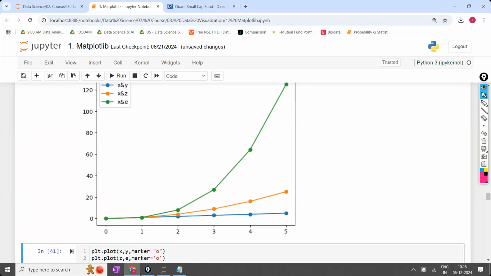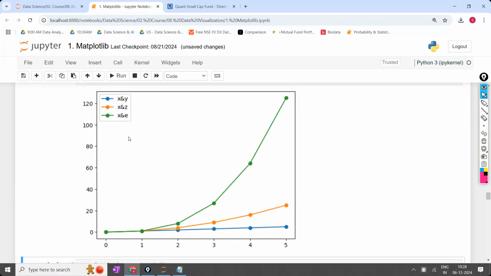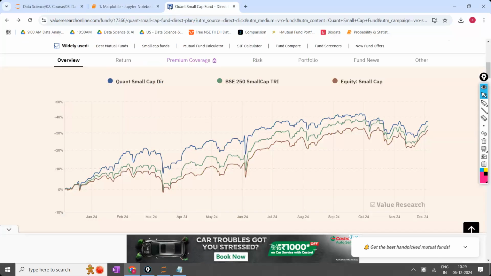Right? Where we have blue color, orange color and green color, what are they indicating? This is for comparison purposes. After comparison, we are going to analyze. So this is showing the plot now. What will you observe from this plot? Making the plot comes under plots.